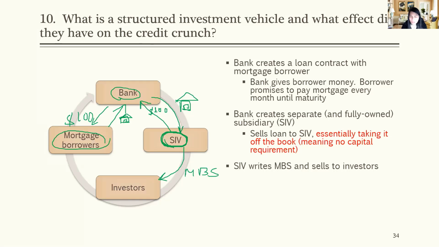So investors now have ownership, a part of the ownership of the mortgage. In exchange, they pay back the SIV plus a fee income.